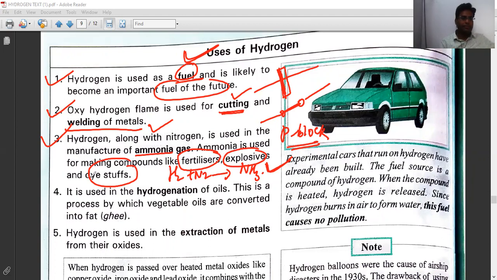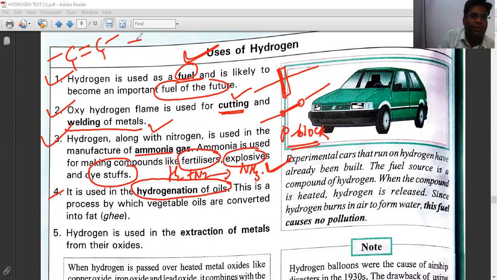Next point is it is used in the hydrogenation of oil. When oil reacts with hydrogen, that is called hydrogenation of oil. Suppose I explain by the reaction. Suppose this is a double bond with the carbon.